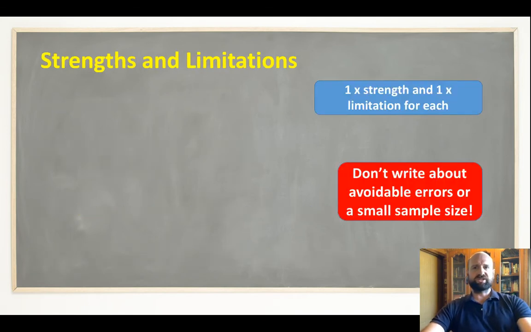For strengths and limitations, just a reminder that they shouldn't write about small sample size, because all IB IAs have a small sample, so it's not really showing any critical thinking. And also writing about avoidable errors, so they don't want to draw attention to the fact that their procedures were sloppy, I think is the point there.